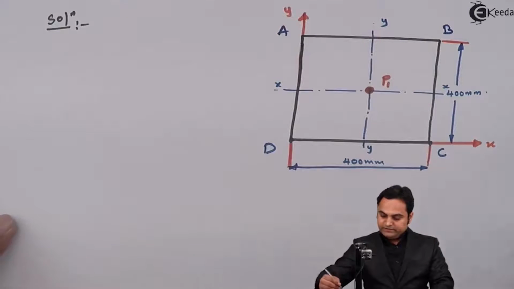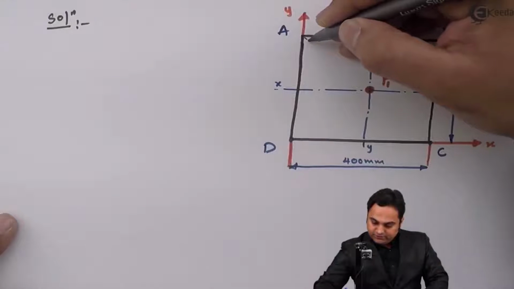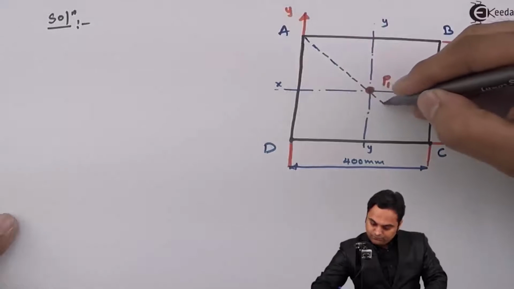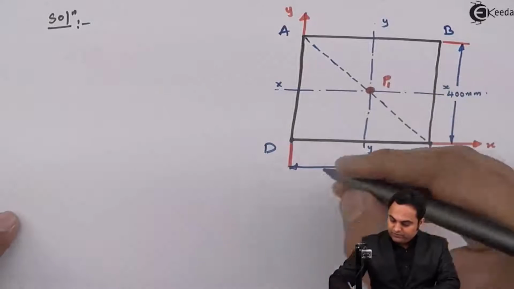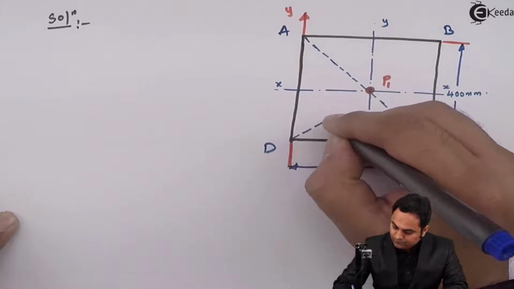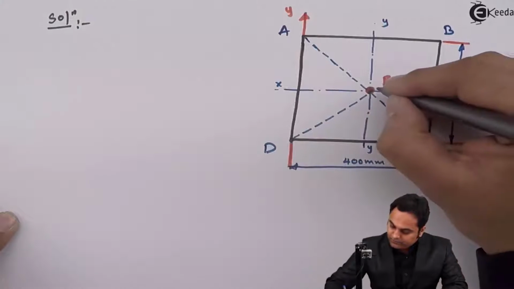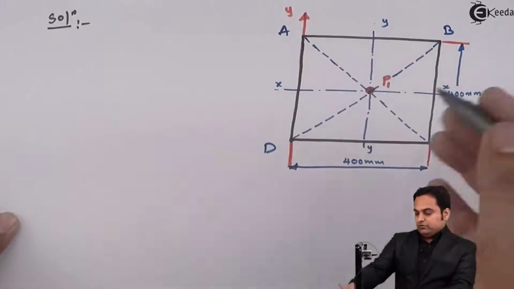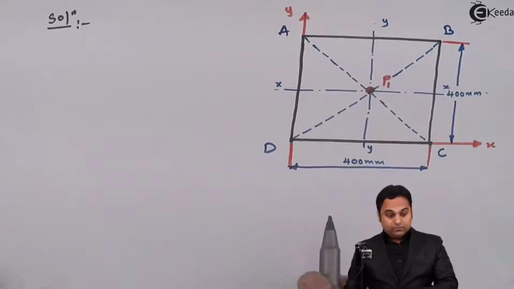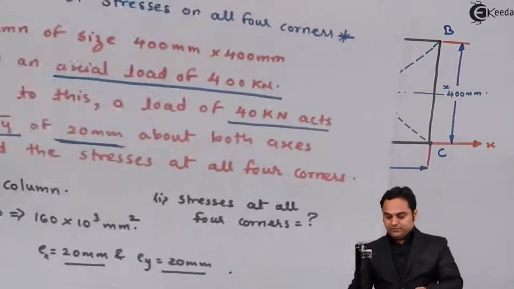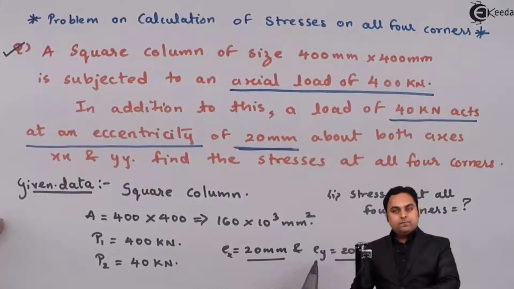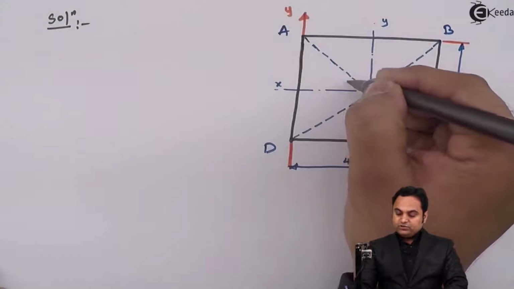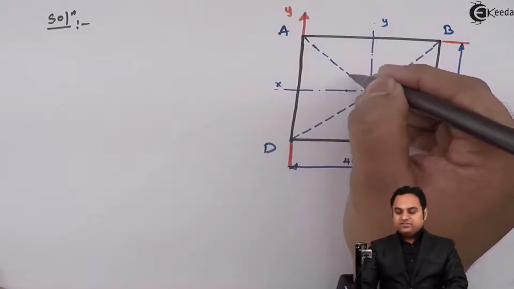Here I'll even draw the diagonals. Here we have one diagonal AC and the other one is BD. So I have drawn the two diagonals. Now here the load is eccentric with respect to x and y at 20 mm from both the axes. So if I take this x-axis, from this the distance is 20, and even from y the distance is the same.